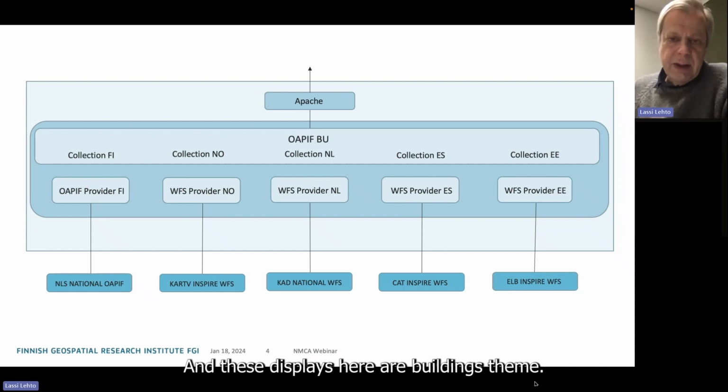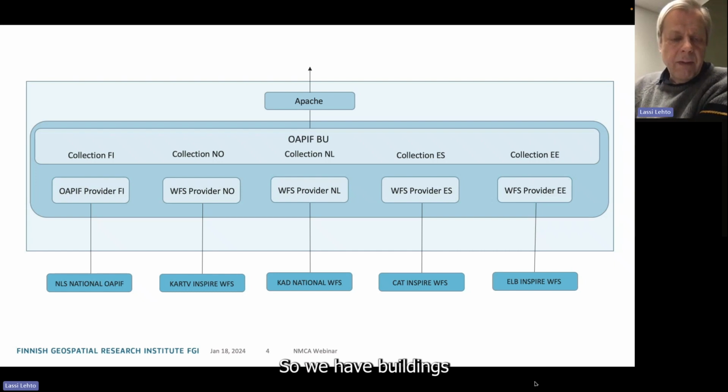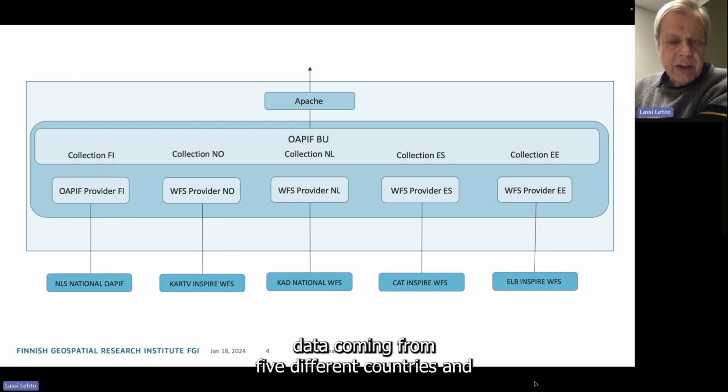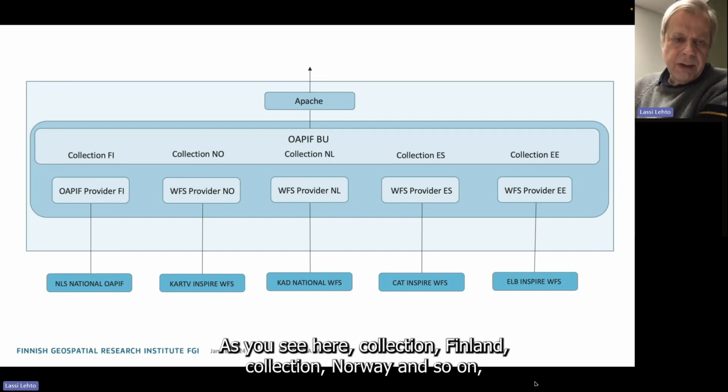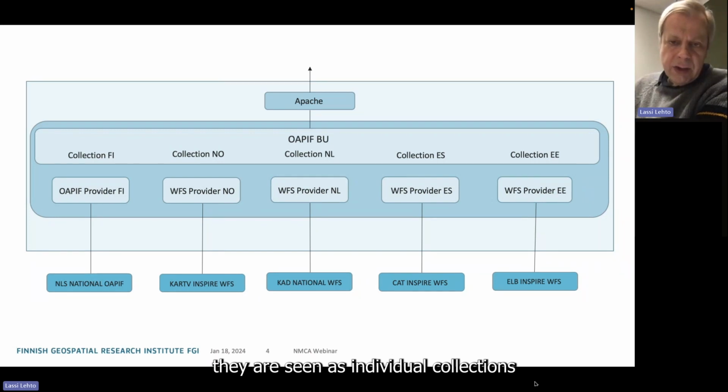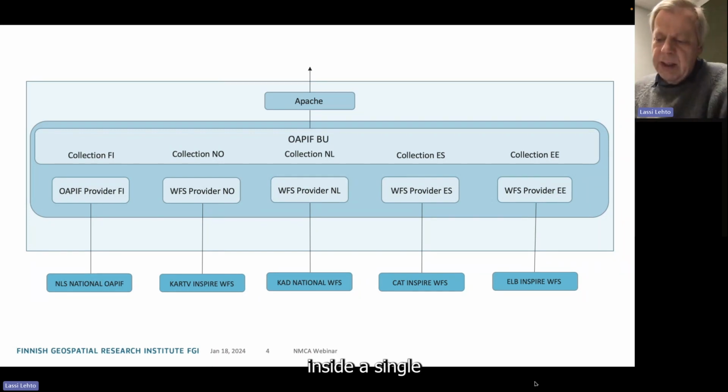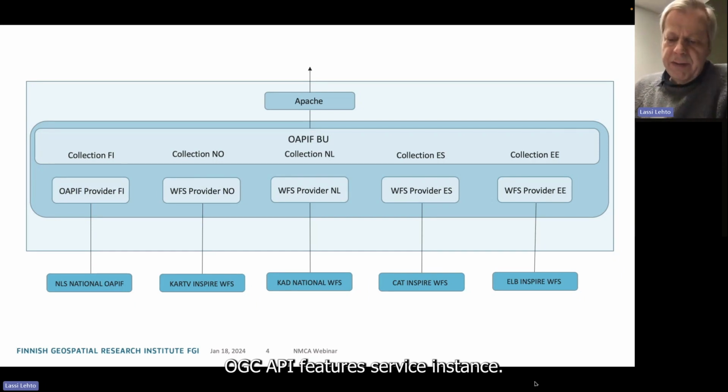And this displays here a buildings theme. So we have buildings data coming from 5 different countries, and those data sets are then seen as collections, as you see here, collection Finland, collection Norway, and so on. They are seen as individual collections inside a single OGC API Features service instance.